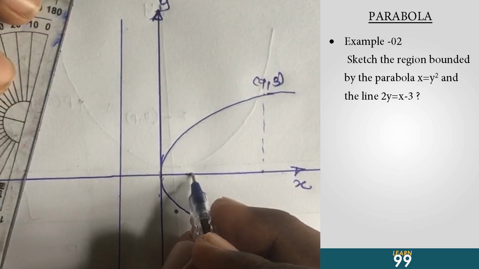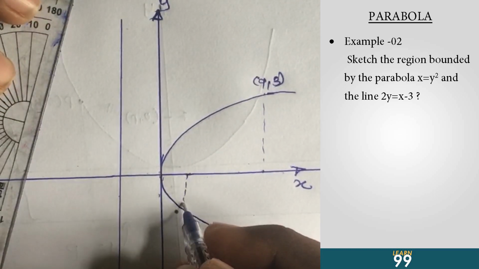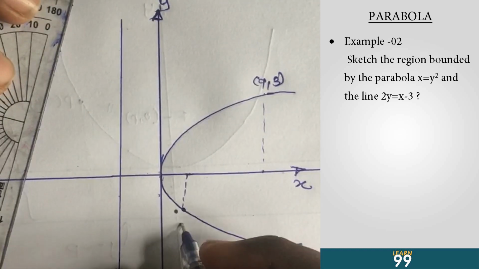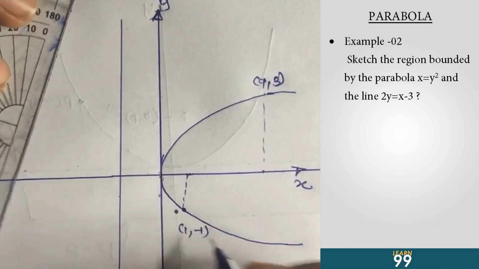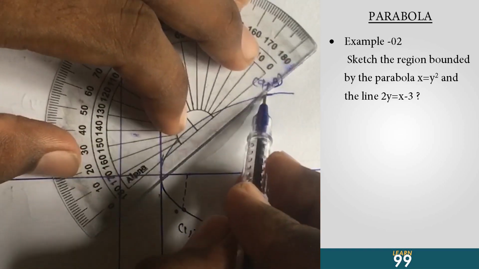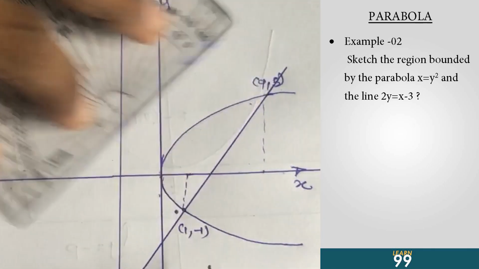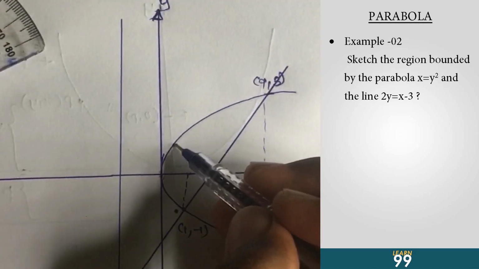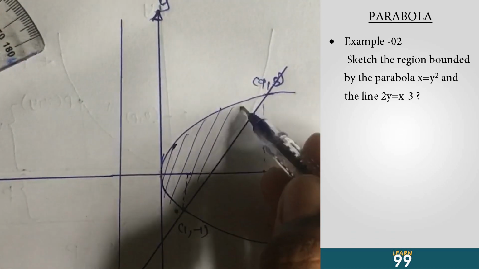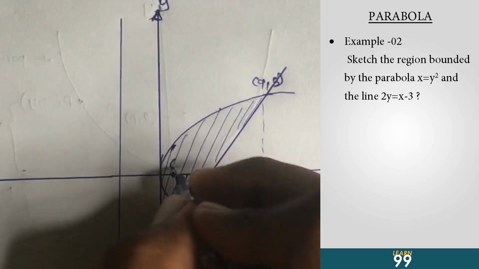Then we can join those points and simply we can get our line. So this region should be the region that is bounded by the parabola and line, and also we have to point out where our focus is. Our focus is at (1 by 4, 0).